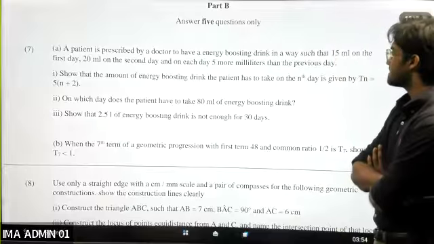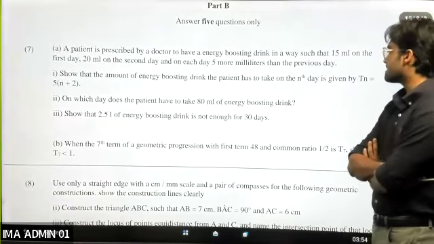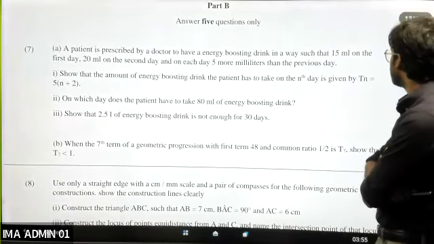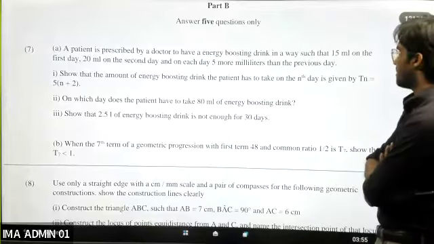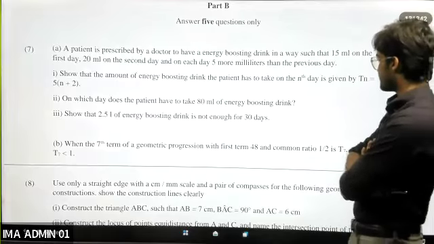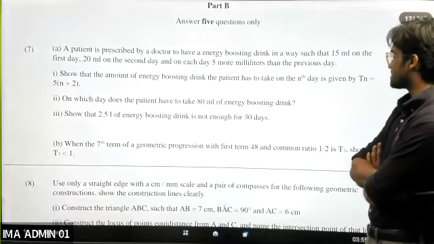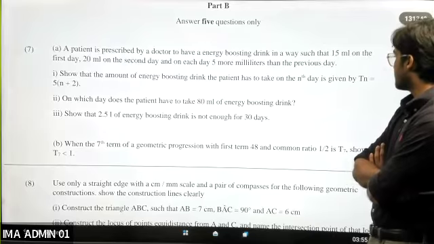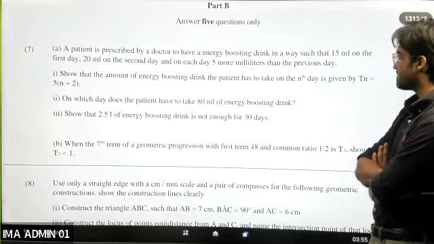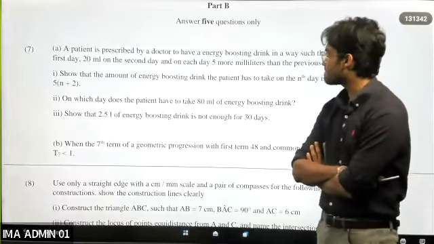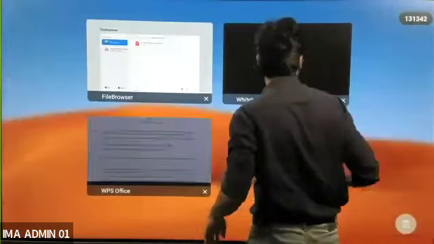A patient is prescribed by a doctor to have an energy boosting drink in a way such that 15 milliliters on the first day, 20 milliliters on the second day, and each day 5 more milliliters than the previous day. Show that the amount of energy boosting drink the patient has to take on the nth day is given by Tn equals 5 multiplied by n plus 2.